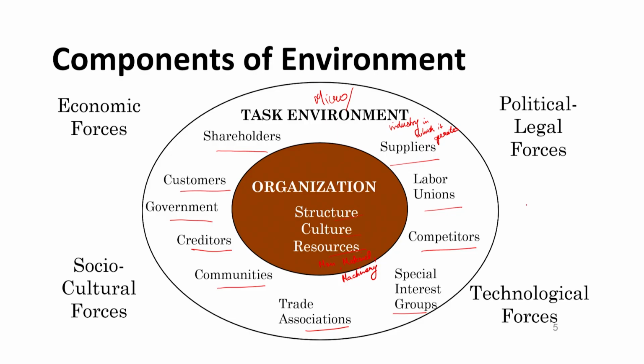The last component of external environment is macro environment, which is also known as general environment. It includes those factors which are outside the organization and influence long-term decisions of the firms.